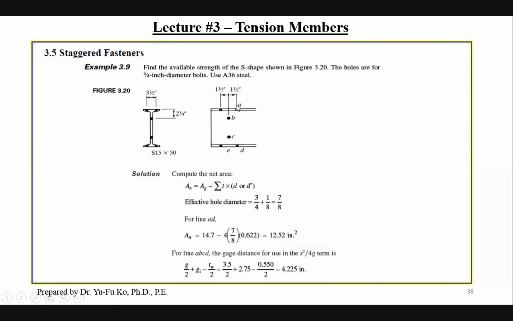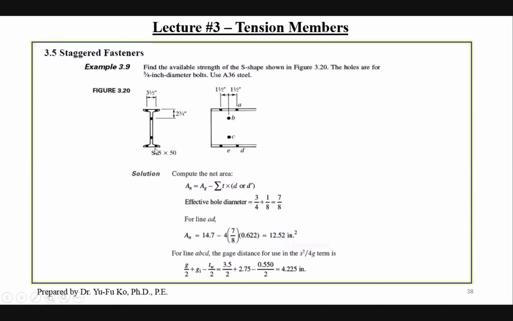If you look at the side, for this bolt, you got 2 bolts here, but actually you got 4, because on the other side of this flange, you got another 2. This is only a side view. So in this case, on the flange, you actually got 4 bolts. On the web, you have 2 bolts, one is B, one is C. Same thing for the bottom flange, you got 4 bolts.